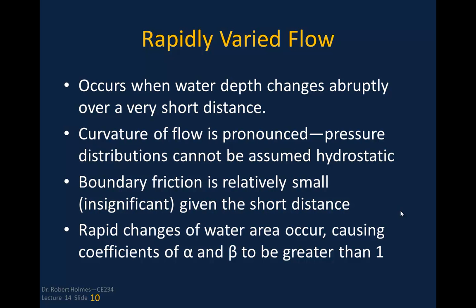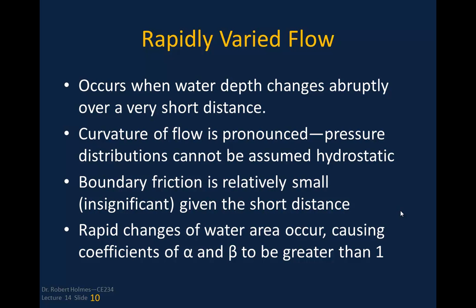So if we look at rapidly varied flow, we know that it occurs when water depth changes abruptly over a very short distance. The curvature of flow is pronounced, and the pressure distributions cannot be assumed hydrostatic. Boundary friction is relatively small given the short distance. You get rapid changes of water area causing the coefficients alpha and beta to be greater than 1.